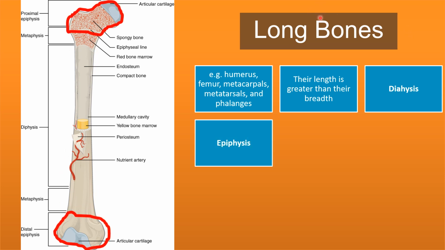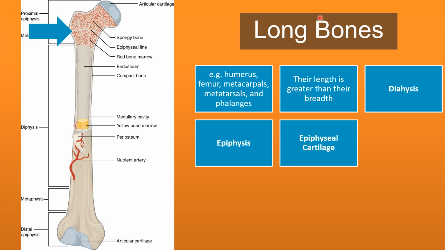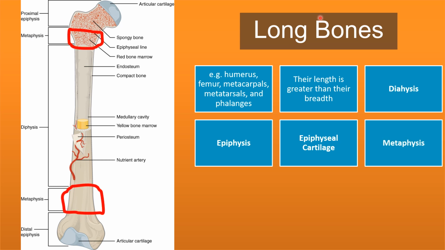During the growing phase, the diaphysis is separated from the epiphysis by an epiphyseal cartilage, and the part of the diaphysis that lies adjacent to the epiphyseal cartilage is called the metaphysis.